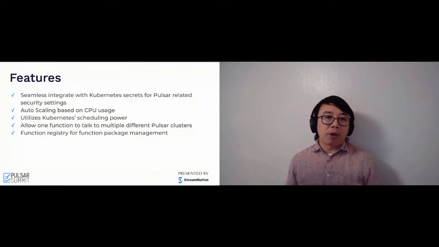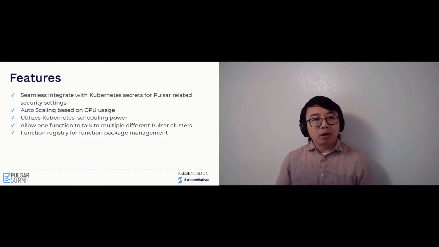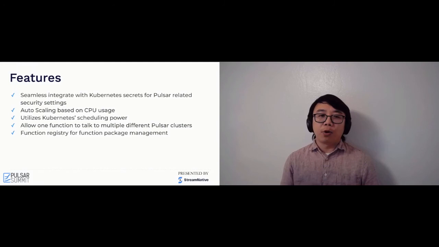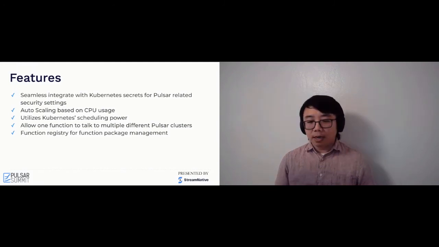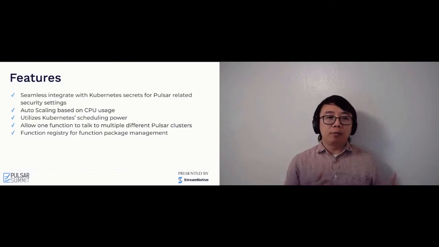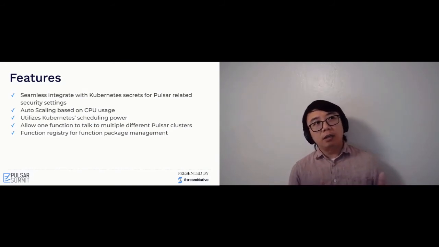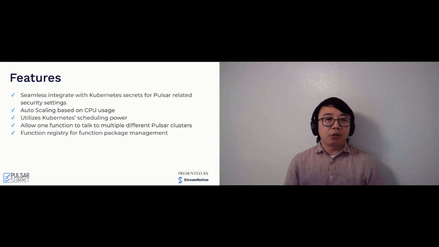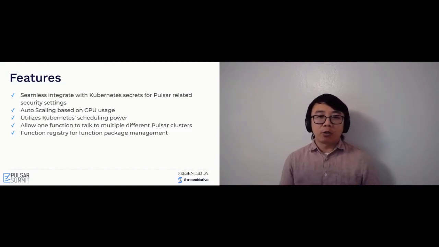In the future, we will support autoscaling based on backlog, utilize the full Kubernetes scheduling power, and allow one function to talk to multiple different Pulsar clusters. And the last one is we are going to introduce function registry in Pulsar 2.8 for function package management. Once you have function package management, a function package can be reused by different functions.